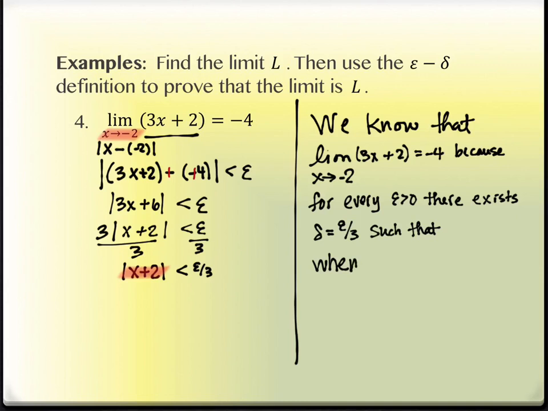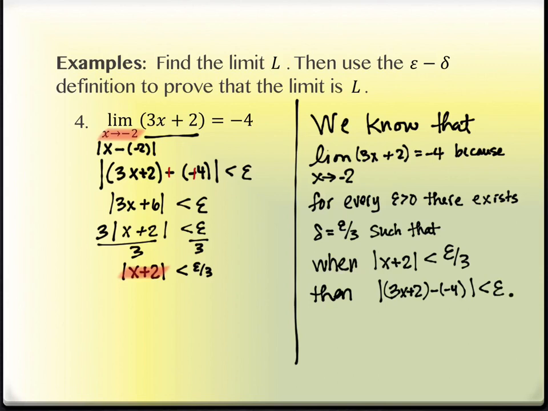When the absolute value of x plus 2 is less than epsilon over 3, then, and we go back up to the beginning, the absolute value of 3x plus 2 minus -4 is less than epsilon.